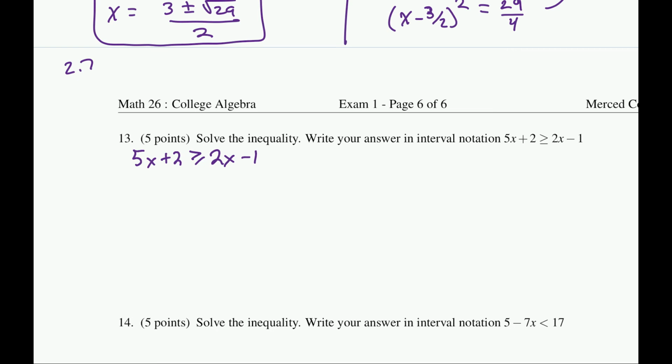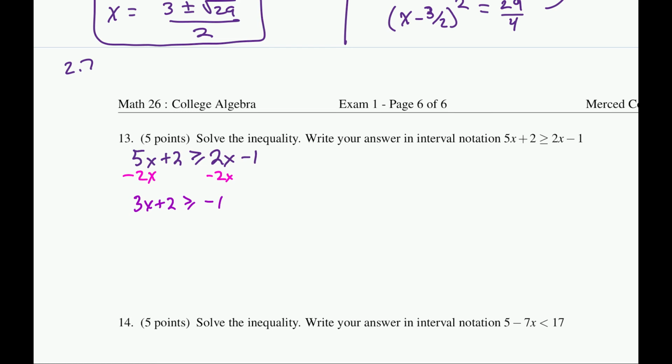Anyway, so I wrote out my inequality. We're going to solve for x. So we're going to do what? Well, get the x's on one side. So minus 2x, minus 2x. We have 5x minus 2x is 3x plus 2. And then negative 1. We're trying to get the x by itself.